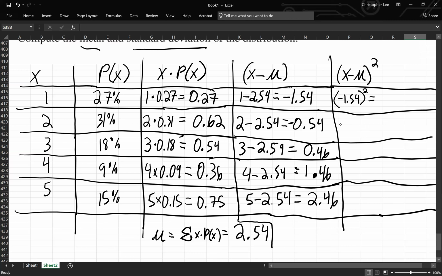The next one is negative 0.54. You just square it. So give me the answers for this.